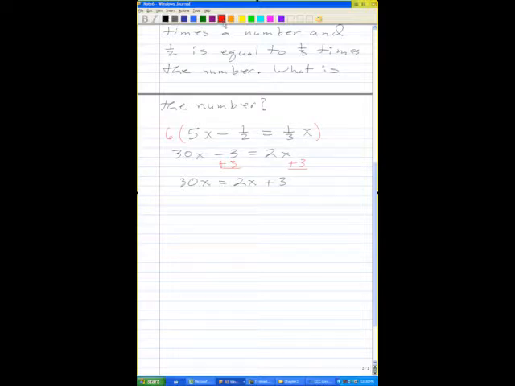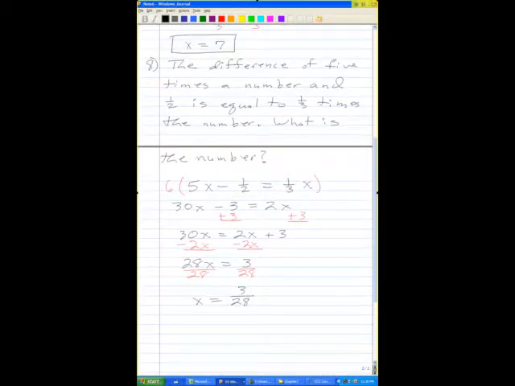Now let me subtract 2x from both sides of my equation in order to isolate x on one side of my equation. So 28x is equal to 3. Now let me divide both sides of my equation by 28. And so x is equal to 3 over 28.